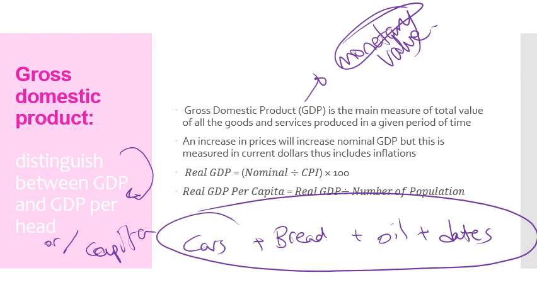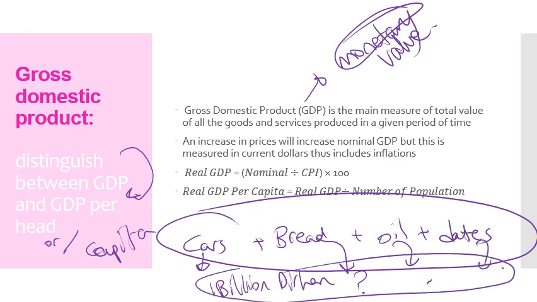So what I do is I say the monetary value of cars being produced, let's say, is 1 billion dirhams. Bread, whatever dirhams it is, oil, same thing, and dates, same thing. I add them all up, and I would be getting the monetary value. That would be my GDP.